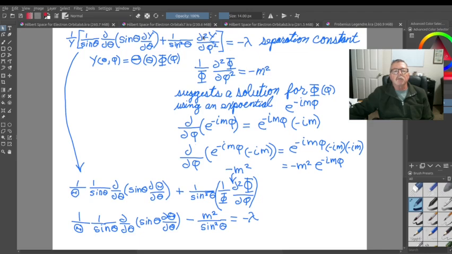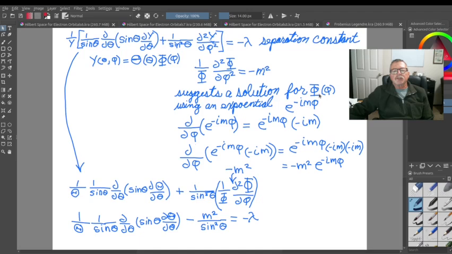We can actually replace this whole second derivative with that. 1 over capital Phi, if we separate out the phi part of Y, the 1 over Phi comes here, the second derivative of Phi with respect to phi squared. This is capital Phi, so this is actually the function and this is the variable. Let's prove that this can be true.